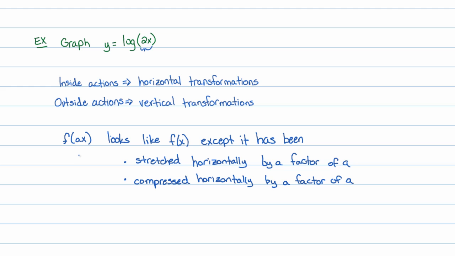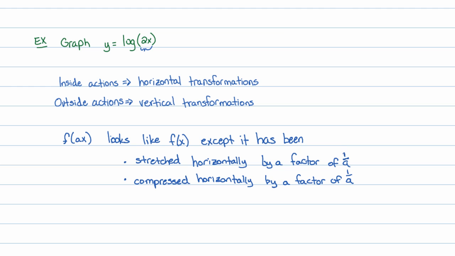Oh, and recall that when we talked about transformations, we said whatever happens to the inside of the function is opposite of what you would think. So if there was a plus happening on the inside of this function, like a plus 3, instead of moving to the right 3 units, it actually moves to the left 3 units. It does the opposite of what you would think. So instead of actually stretching or compressing by a factor of a, it's actually stretching or compressing by a factor of 1 over a.